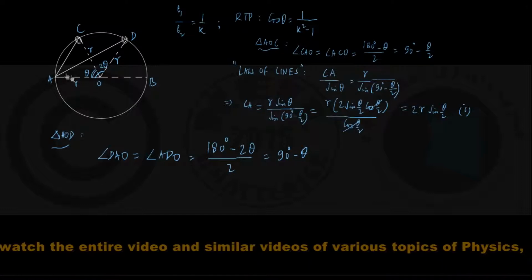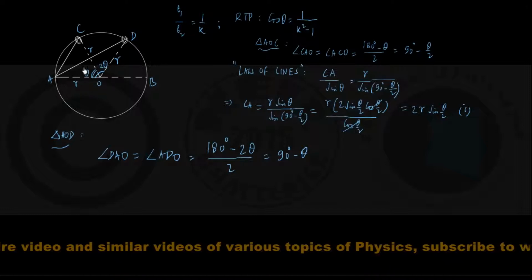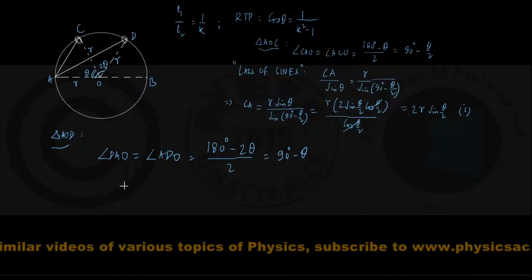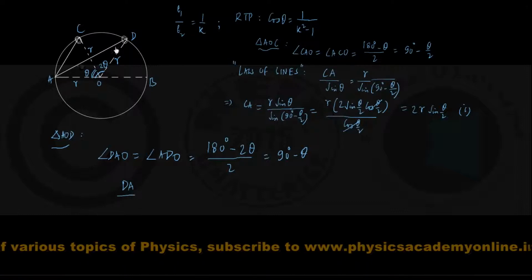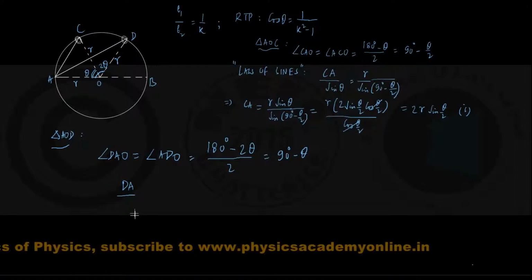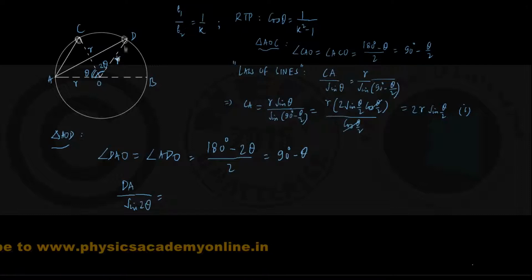Once we have got any of these angles, we can once again apply the same law of sines in the triangle AOD, and write down that by the law of sines, the length DA, this length, divided by the sine of the opposite angle, that is sine of 2 theta, must be equal to any other side. Let me take OD. This length is equal to the radius of circle divided by sine of the opposite angle.